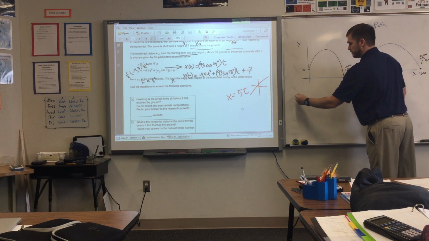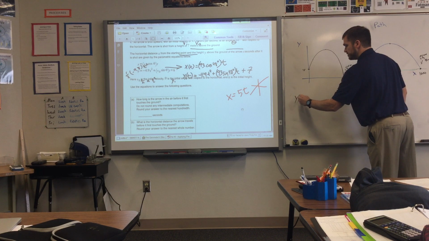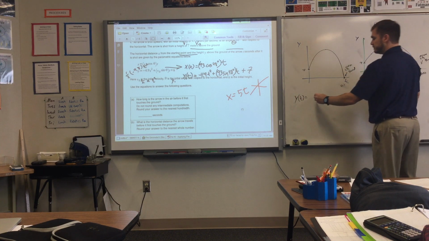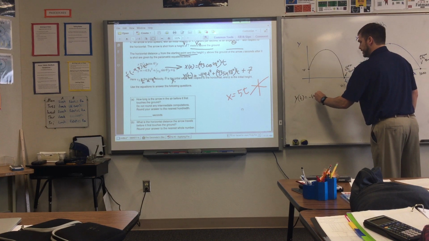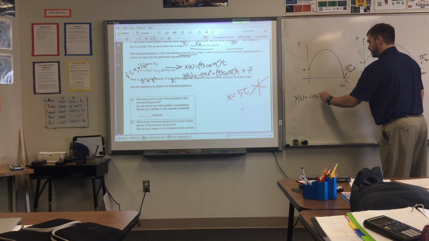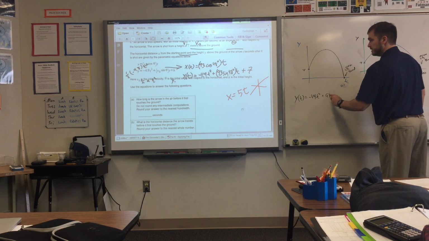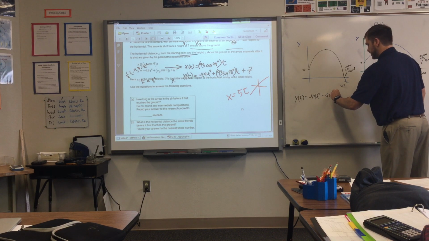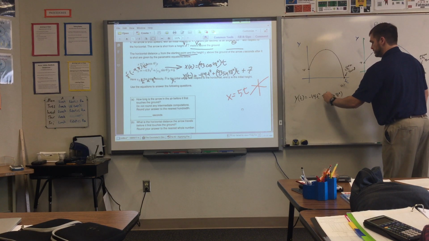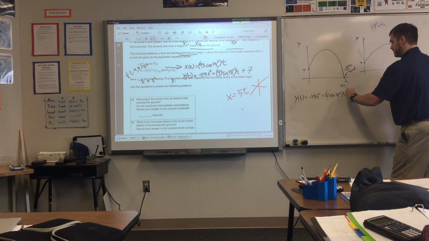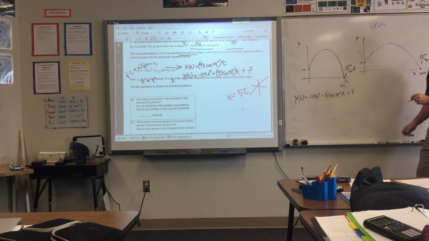So for that purpose, I'm going to write it a little bit below here. y as a function of t equals negative 49t squared plus 93 sine 48 degrees times t plus 7.